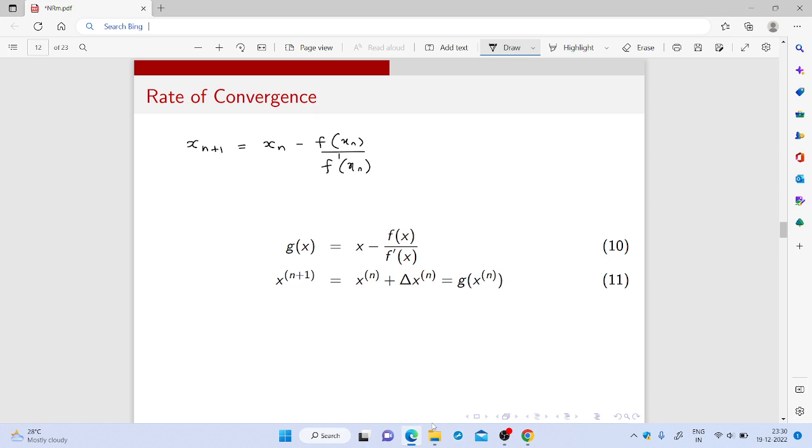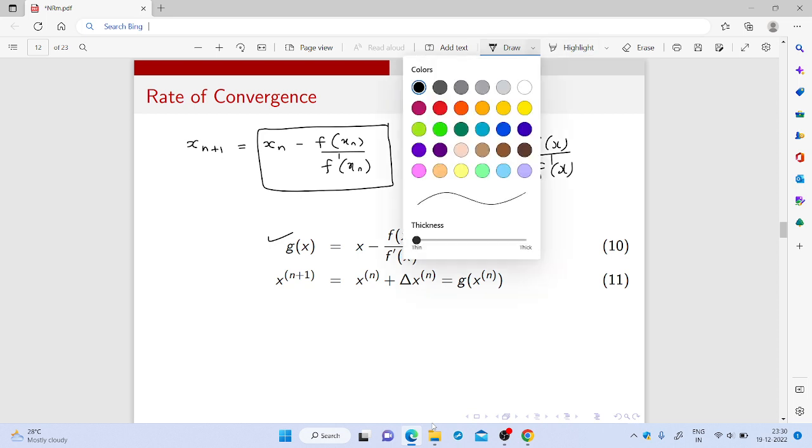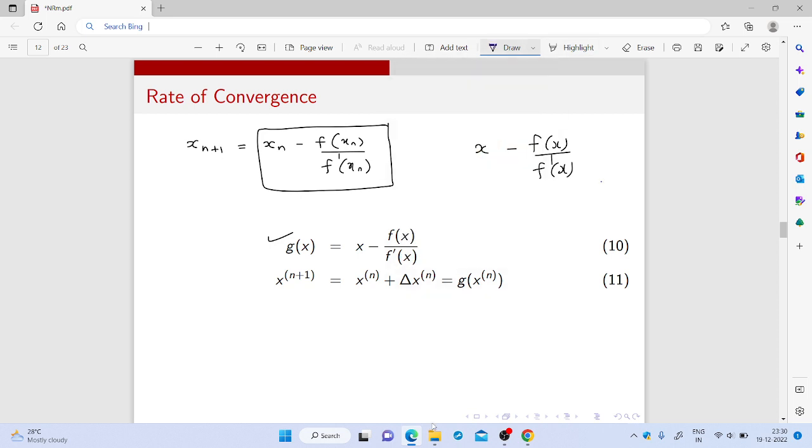So generally, in this quantity x minus f of x by f dash x, let us define it as g of x. Okay, so g of x is defined as x minus f of x by f dash x. So x of n plus 1 is x of n plus delta x of n.